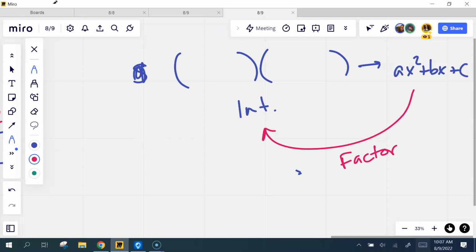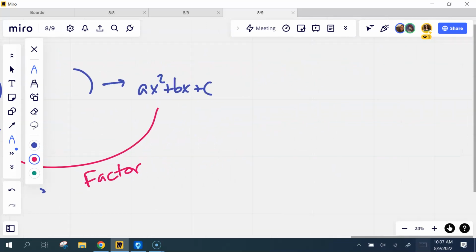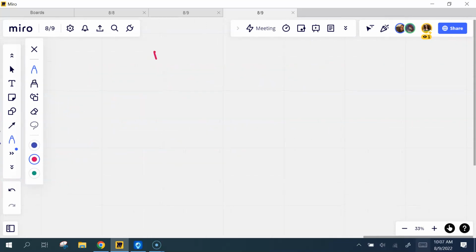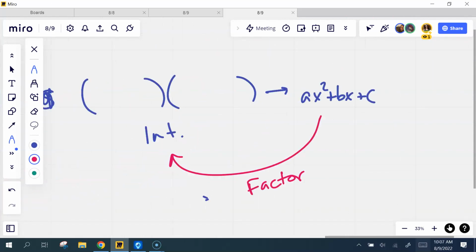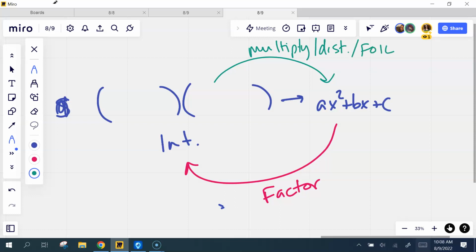Okay, so that's going to be our goal. Nothing to it but to do it. This is multiply, or distribute, or FOIL, but backwards is the factor.